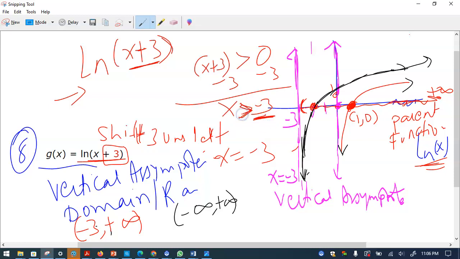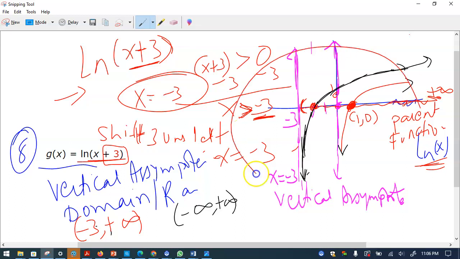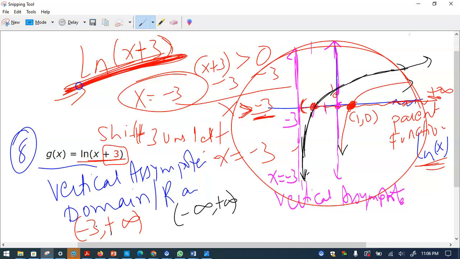So that's how you figure it out, and x equals minus 3 becomes the vertical asymptote. I hope this helps to understand. If the question was not asked about sketching, this is how you do it. If the question just asks what is the domain, you put the parenthesis greater than 0 and then work it out.